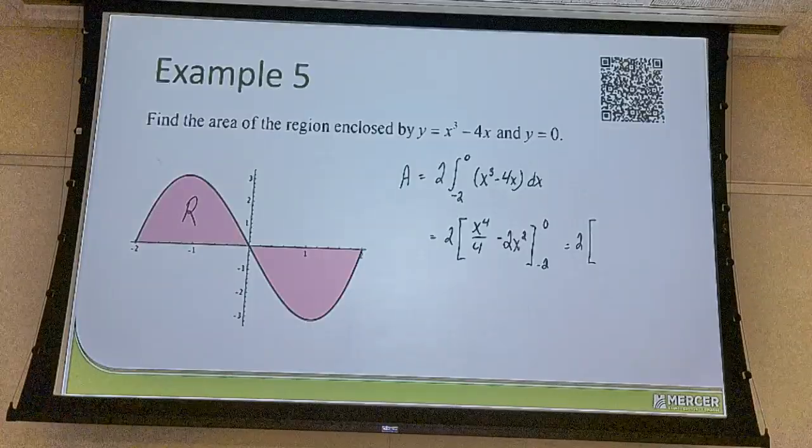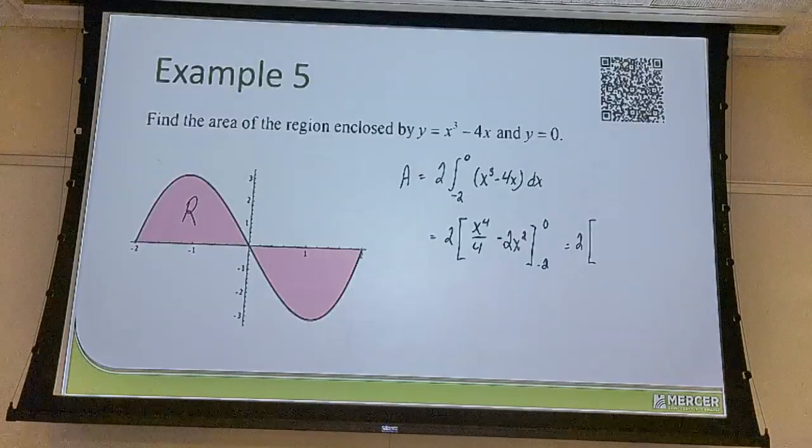Zero to the fourth is 0. Negative 2 to the fourth is 16. 0 minus 16 divided by 4. 0 squared is 0. Negative 2 squared is 4. 0 minus 4 is negative 4.